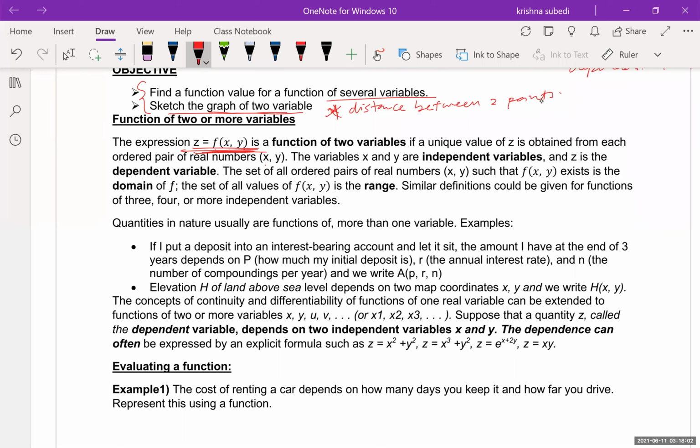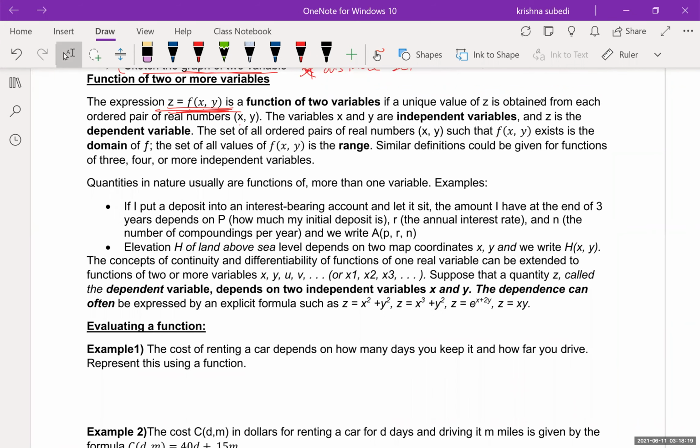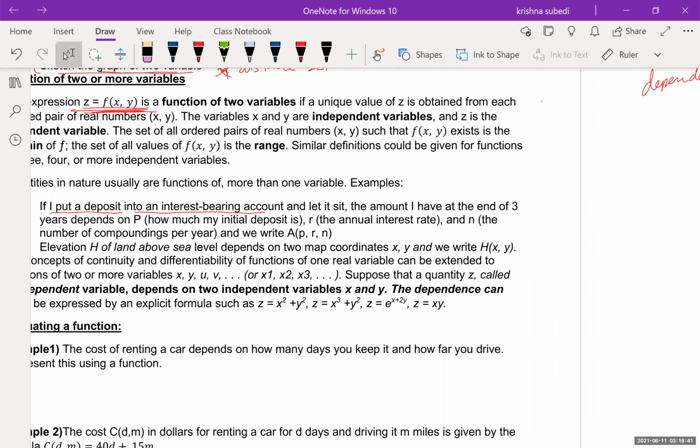For example, most of the natural phenomena, most of the real life situations involve two or more variables. Let us look at one simple example. Suppose you have an account in a bank. Okay, and if you put a deposit, some money into the account that pays some interest, then the amount that you get after a certain period of time depends on so many variables.